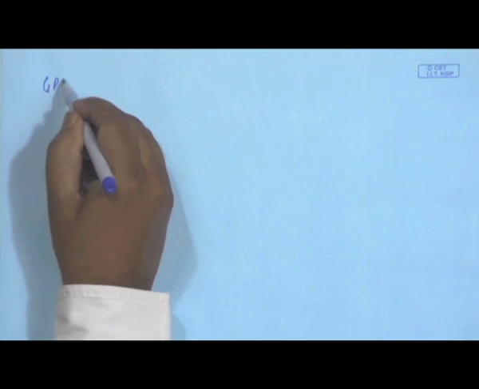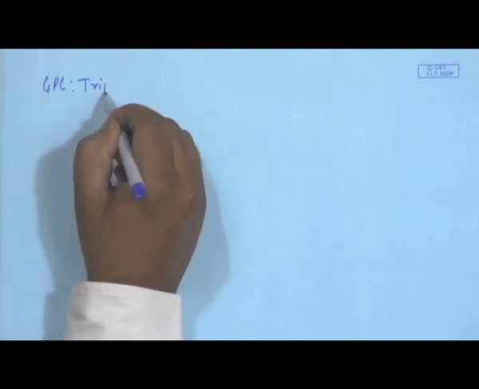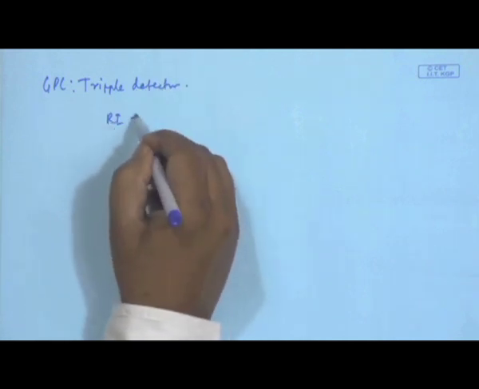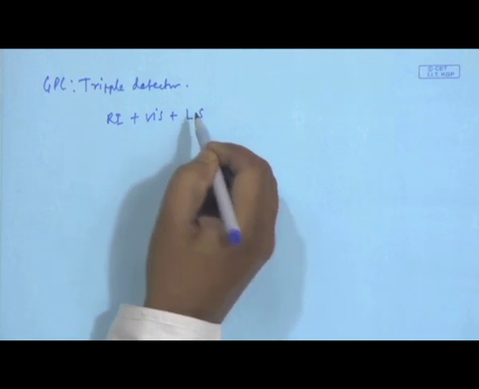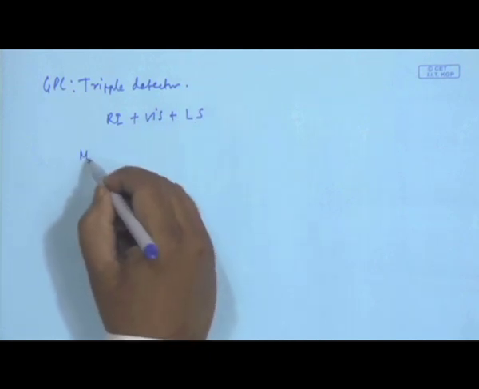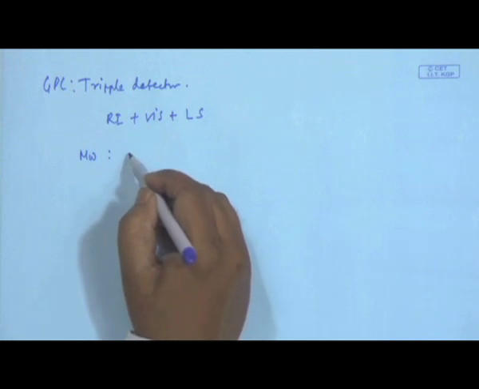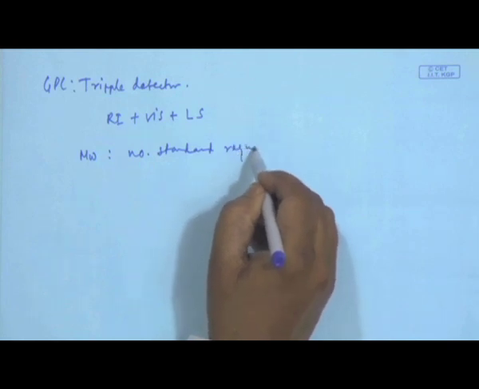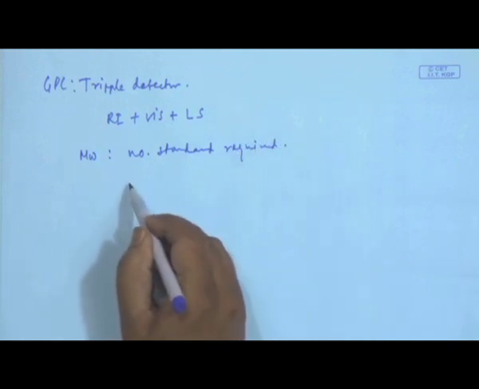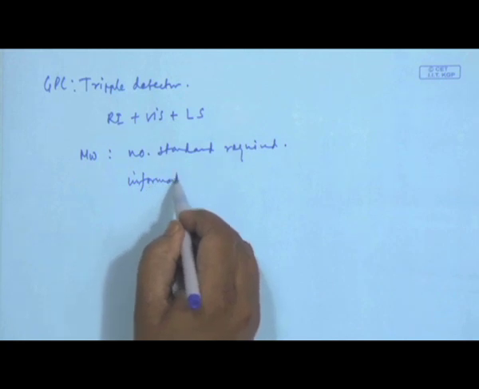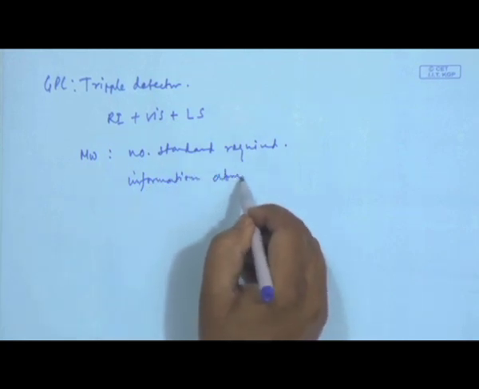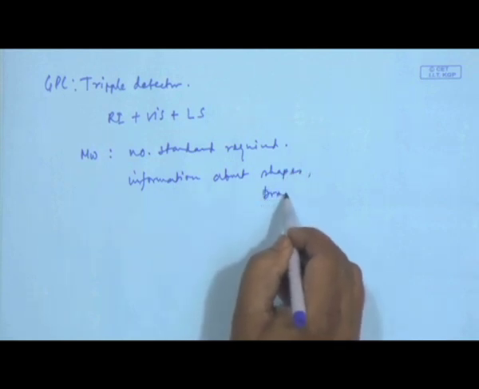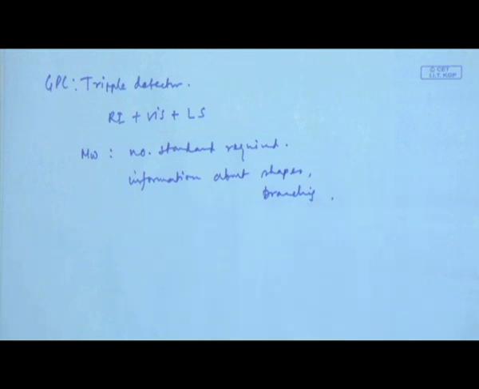And if we have GPC with a triple detector, RI plus viscosity plus LS light scattering, we get molecular weight, no standard required, we can get absolute molecular weight, and we also get information about the shapes of the polymer, branching, etc. can also be obtained with this detector.